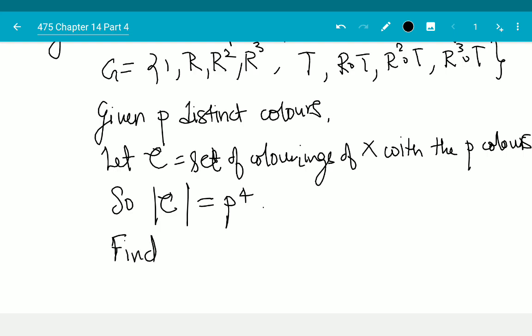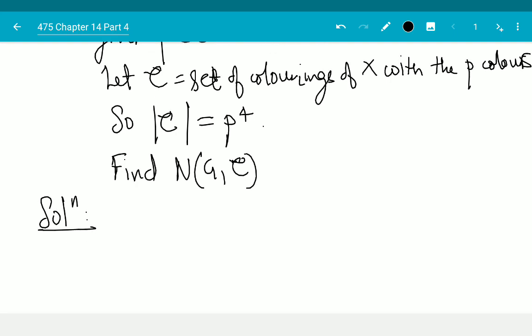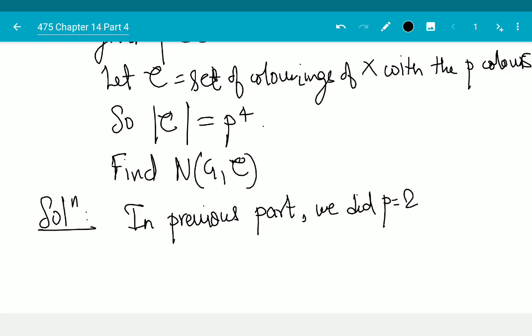Find NGC, which is the number of non-equivalent colorings. I forgot the exact word. Okay, we want to find the non-equivalent colorings, and the solution is going to be exactly the same as in the previous case, where we did P equal to 2.